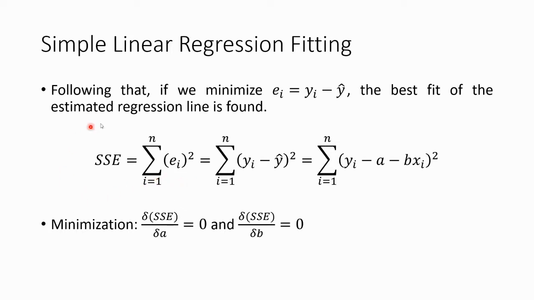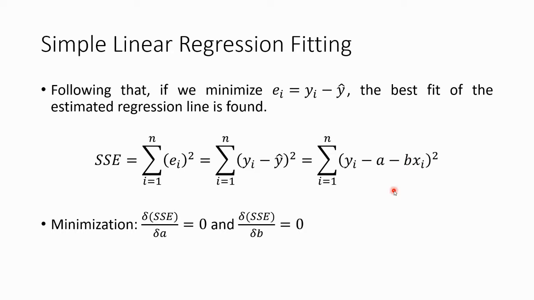So the sum of square error, the SSE, if we expand this equation, it looks like this. So this one we know: yi minus y hat, and y hat is a plus bx, alpha plus beta x, the same thing.